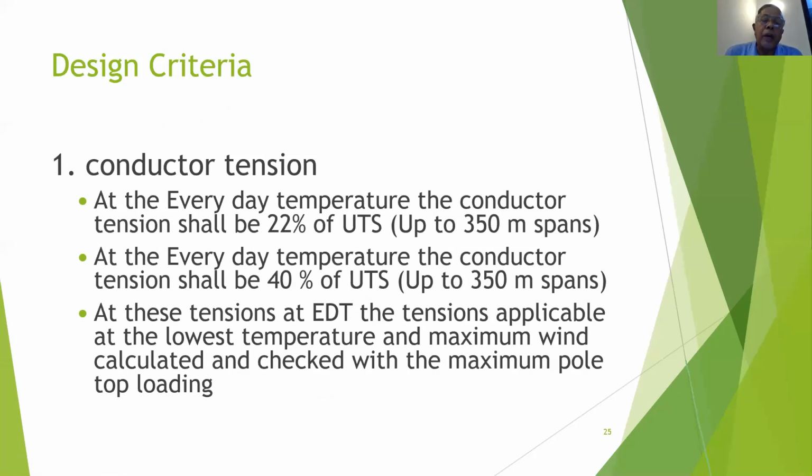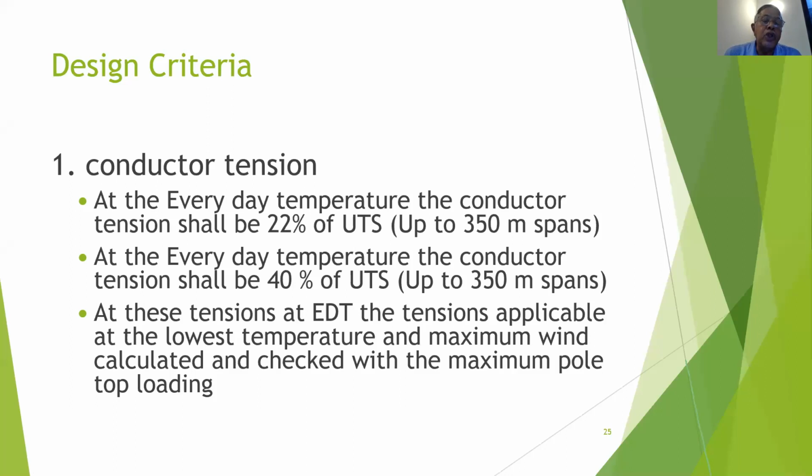Up to 350 spans on transmission lines, 22% of UTS. For a Zebra conductor, the UTS is somewhere around 130 kilonewton.